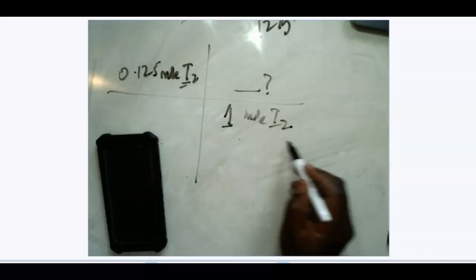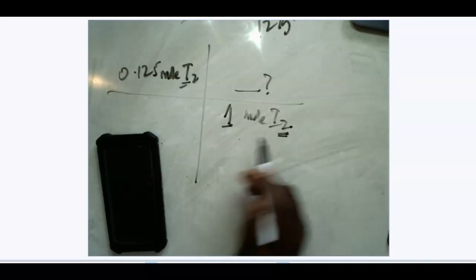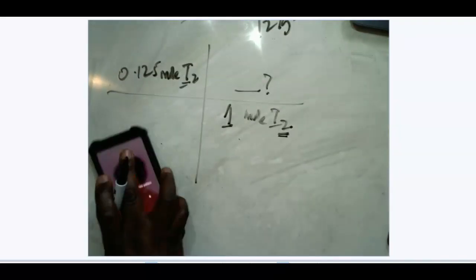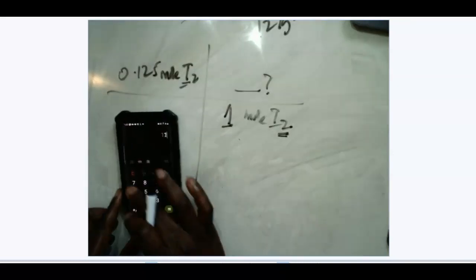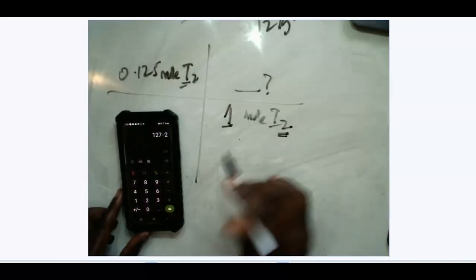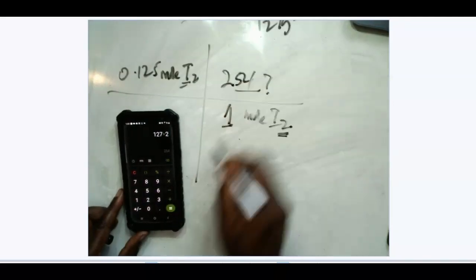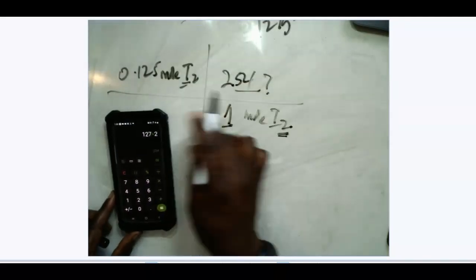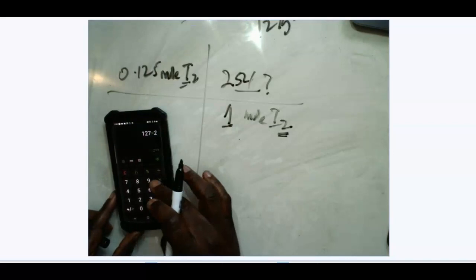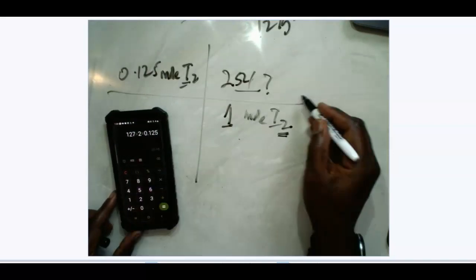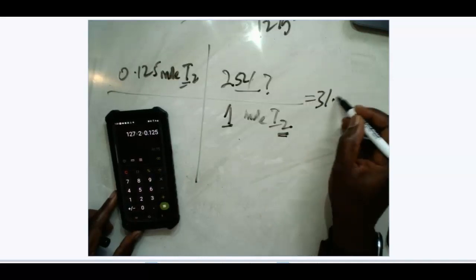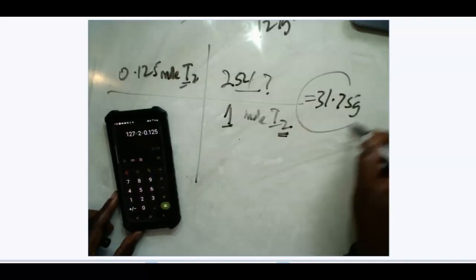Remember, iodine is diatomic, so 127 times 2 will give us 254. So 254 times 0.125 will give us 31.75 grams. It's as simple.